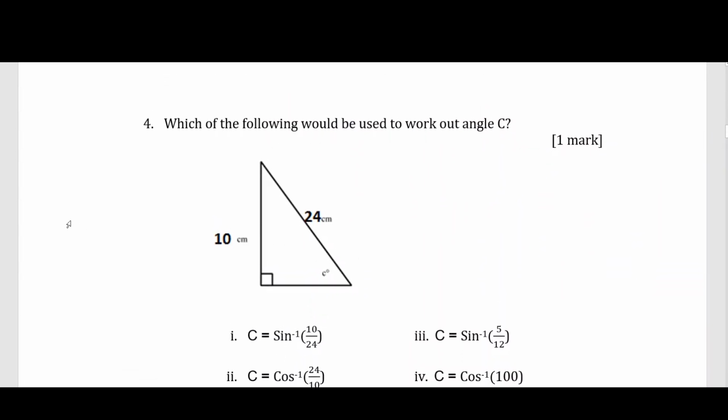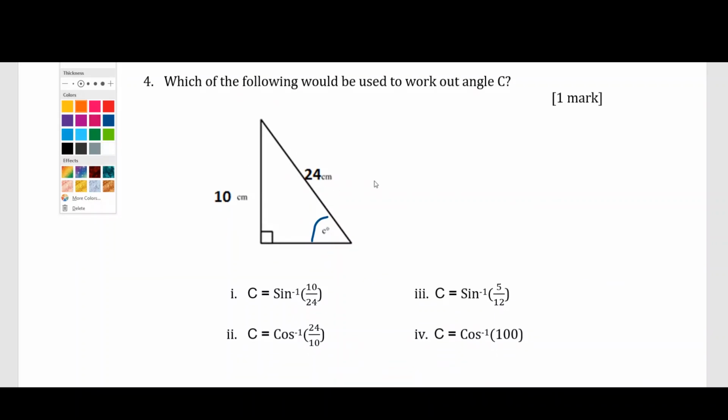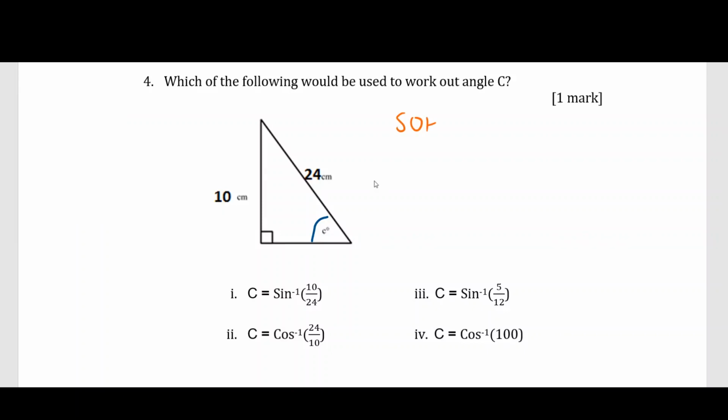Number 4. Which of the following would be used to work out angle C? So here we have angle C. And we need to figure out what it is. So I've got soh cah toa. And let's do sine first. So sine of angle C is equal to opposite on hypotenuse.